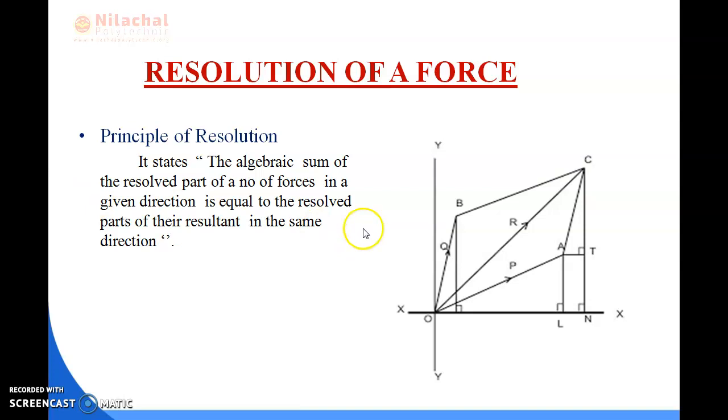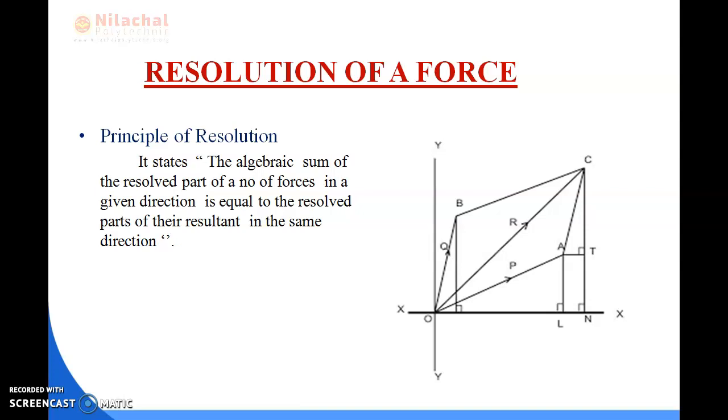It means the algebraic sum of the resolved parts, whatever the resolved parts are here, your P force and Q force, a number of forces in that direction, equals the resolved part of the resultant force having the same direction. So a force is generally resolved along two mutually perpendicular directions.